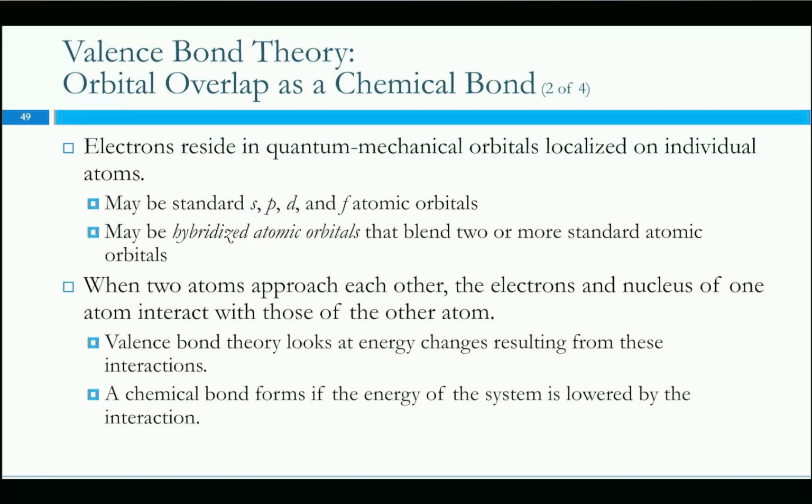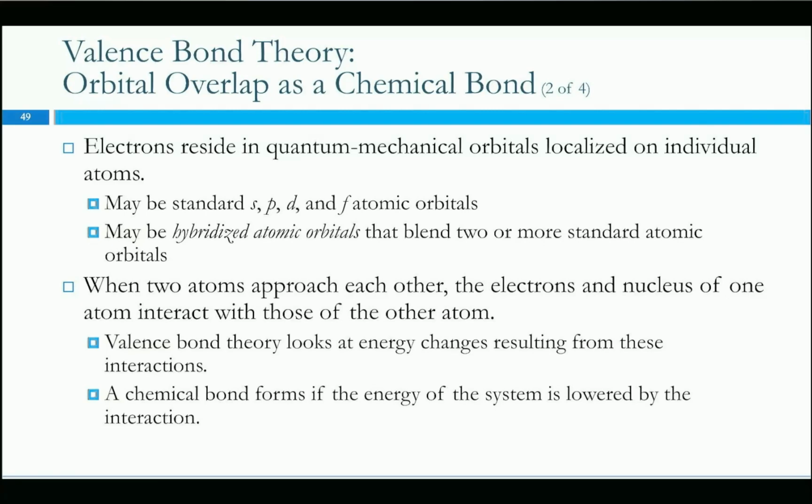And when you bring together two or more atomic orbitals, especially as two atoms approach each other and a bond forms, it's favorable most of the time for those orbitals to actually change shape, merge together, and we get different waveforms out of the quantum mechanics predicted. So you get different shapes to those orbitals.